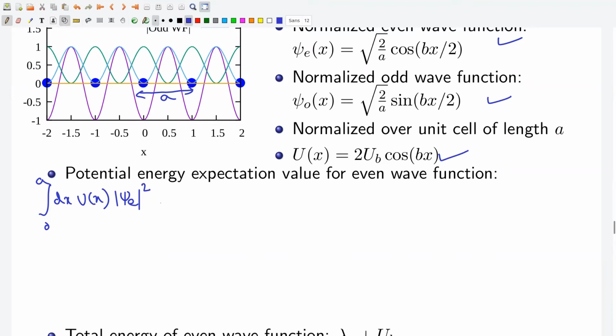So this is equal to 2 by a integral 0 to a, and in place of u of x I write 2 u b cos bx, and then mod of psi square is cos square bx by 2.